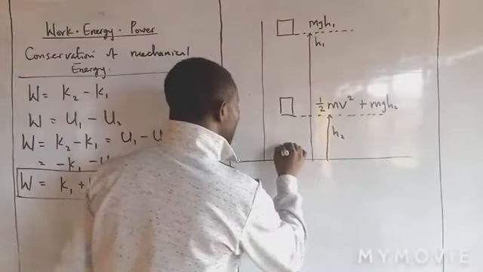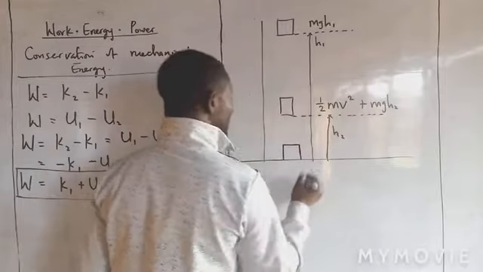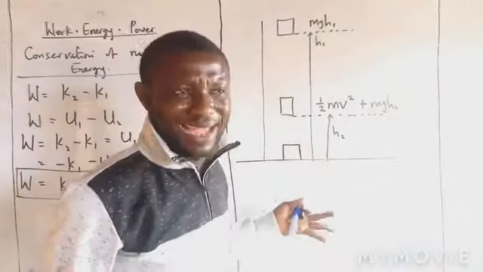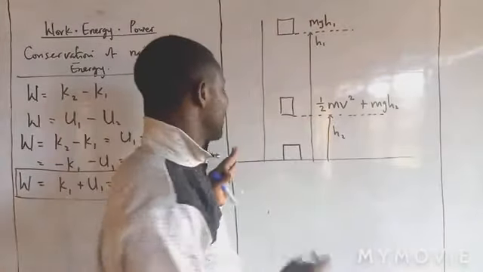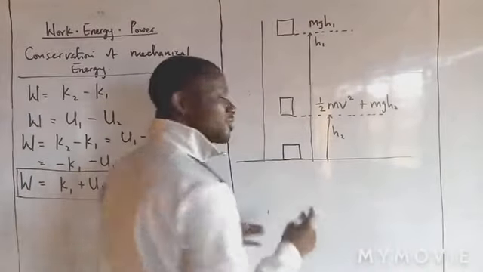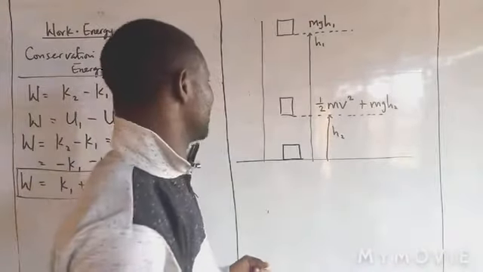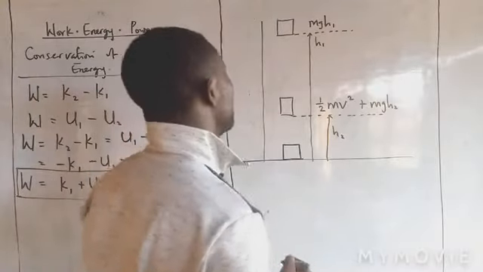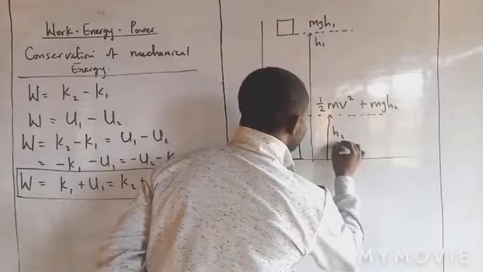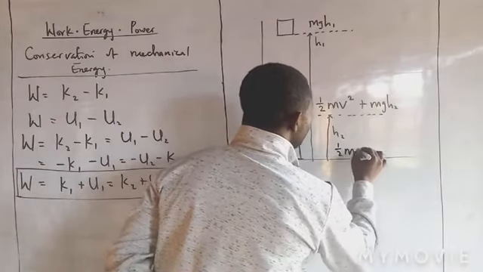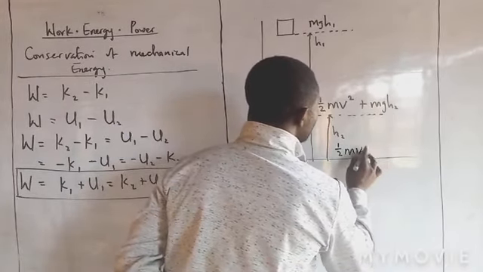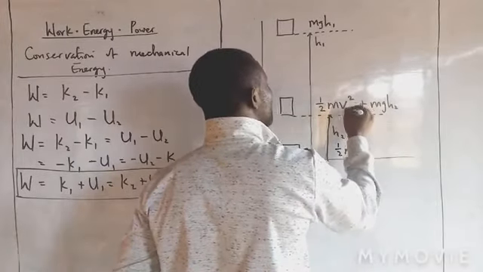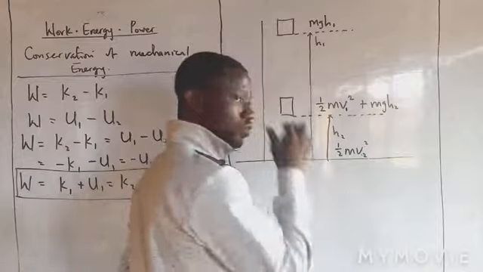If at the end of the day the body is now on the ground, no more height, it has only kinetic energy. As a result, we then have only half mv2 square. To differentiate this speed from this one, let's call this one 1 and this one 2.